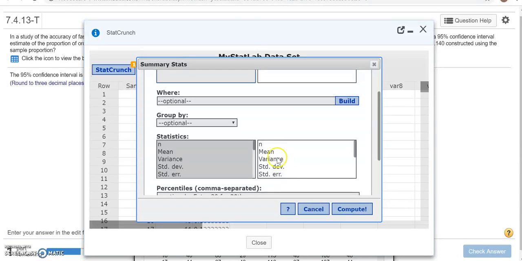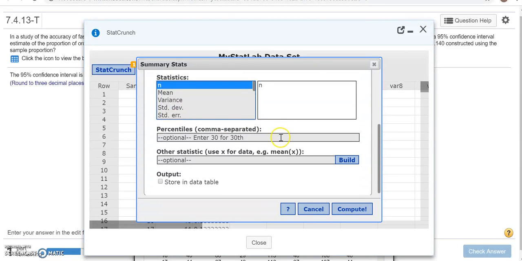I won't be needing those, so I can just unselect most of them. If I scroll down, here in the percentile section, I need to put in those two percentiles that I wanted. So that was the 2.5th percentile, and then we separate with a comma, and then the 97.5th percentile. And I will click Compute.